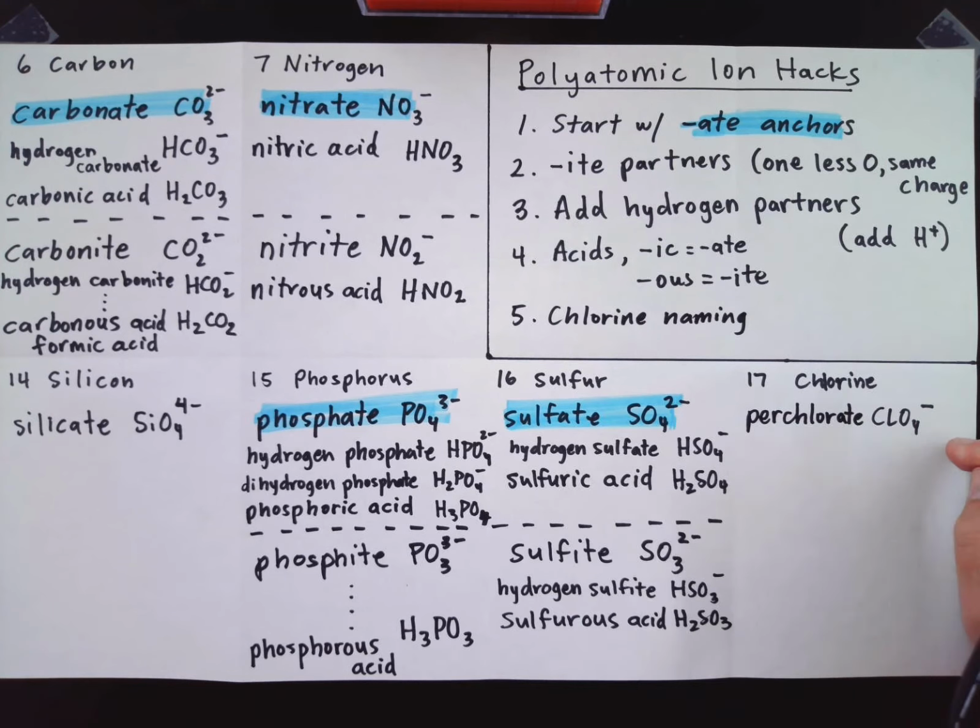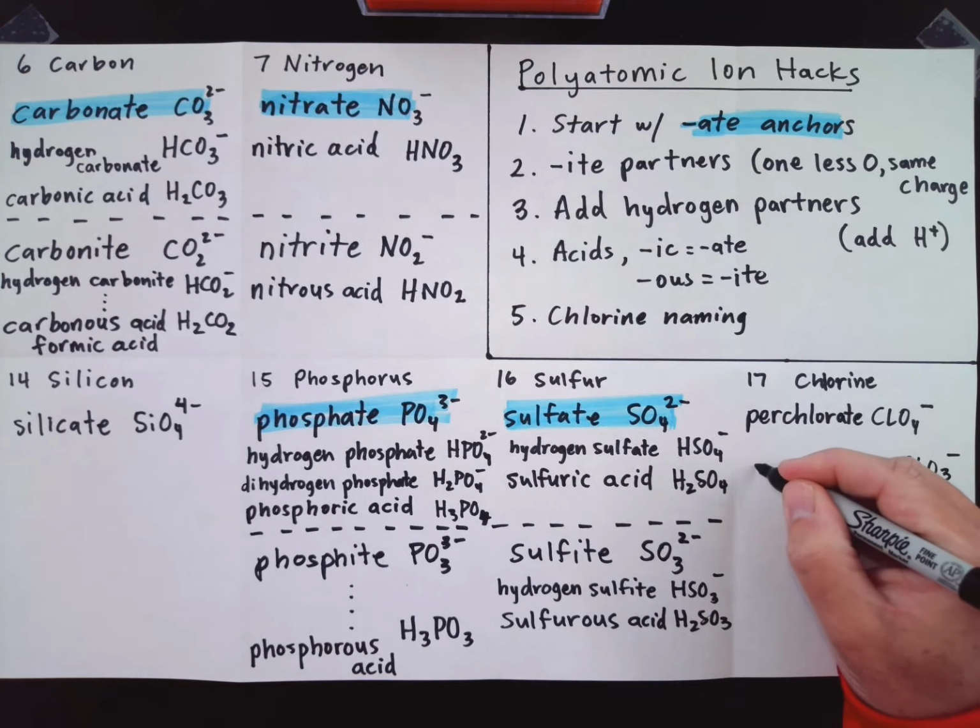And we can add, or decrease the number of oxygen to come up with other polyatomic ions, always still having a minus charge. So we're kind of going back to this ite, but it's a different naming scheme. So ClO3 with a minus charge, that is actually chlorate.